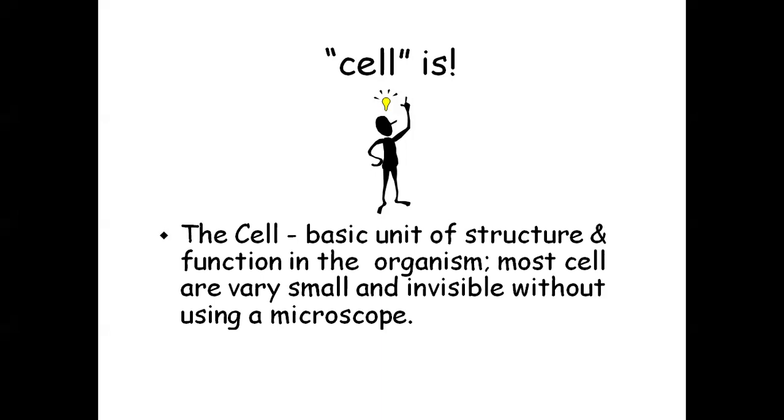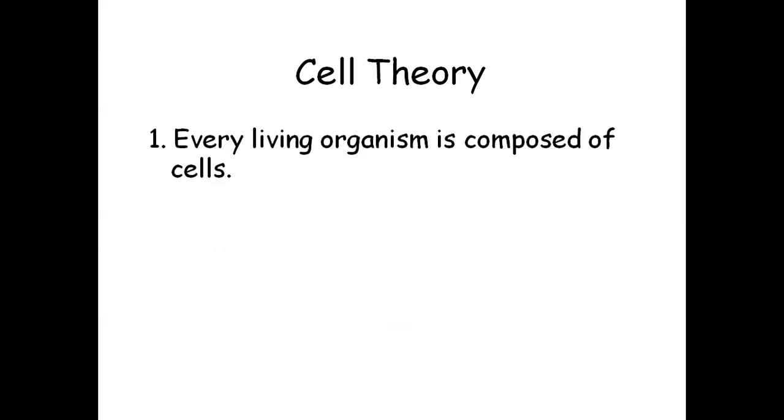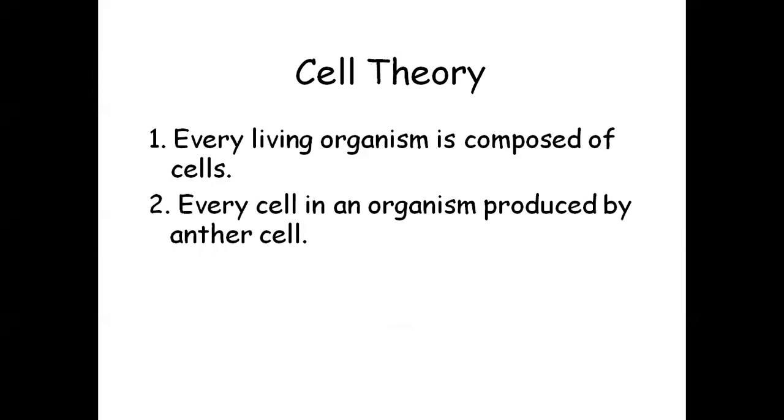Most of the cells vary in their size and most of them are invisible. That is, with the help of technology or the microscope, we can see the structure of the cell. Based on this structure, cell theory was proposed. Every living organism is composed of cells.